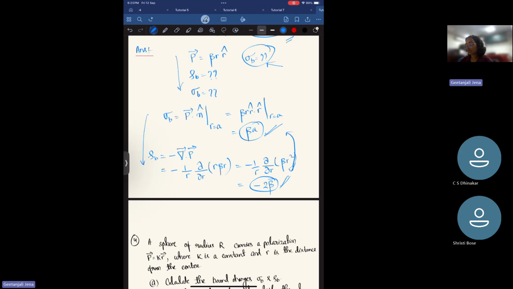Okay, so I think you got confused about the total charge. If you take the total integration of sigma B and rho B, it should give 0. I think you were talking about that.